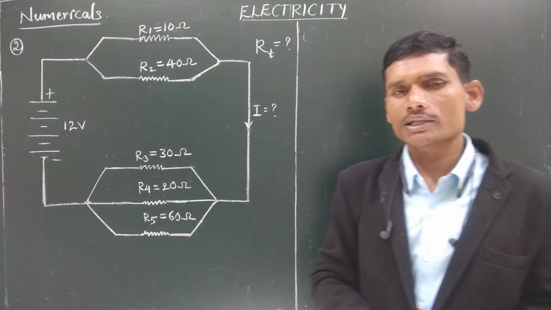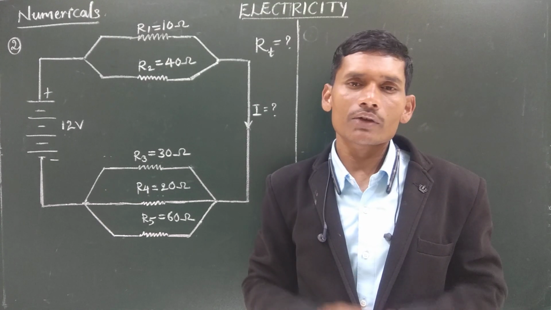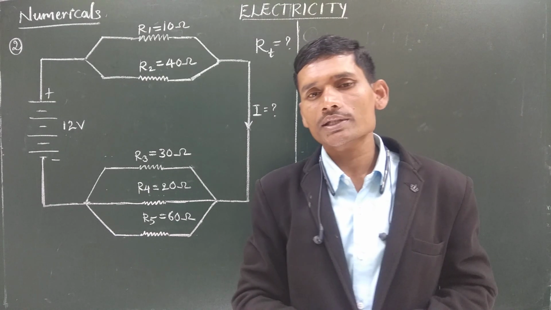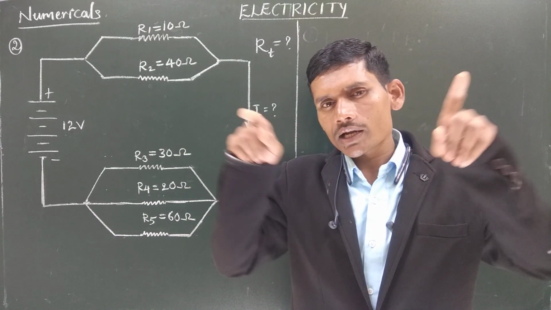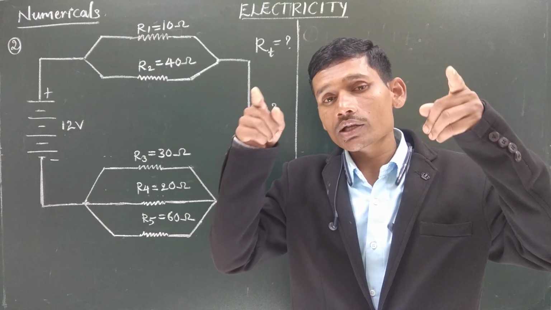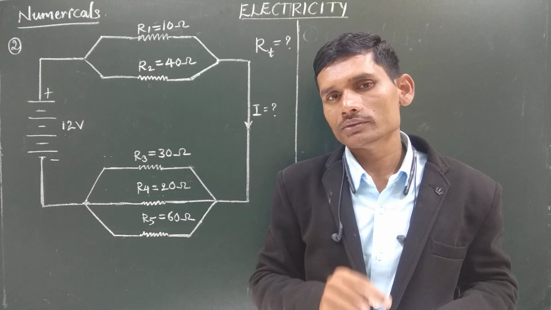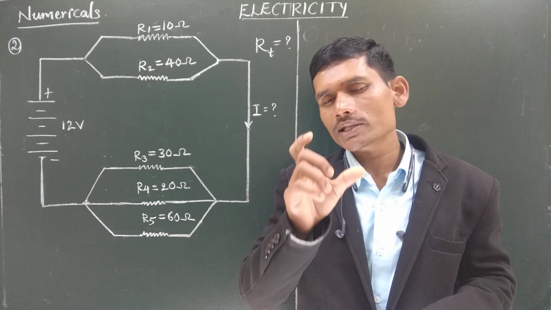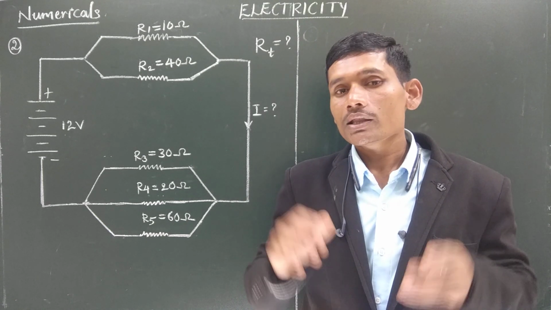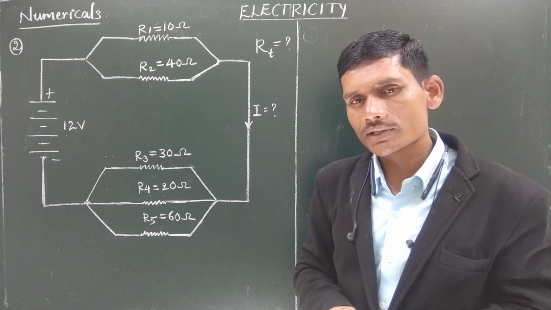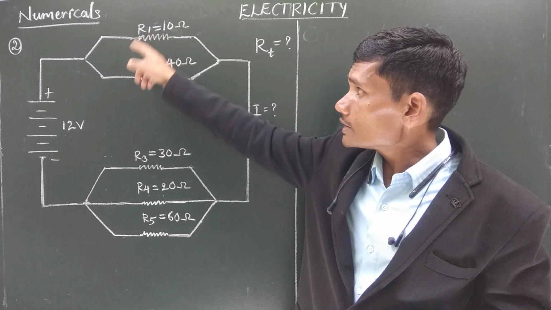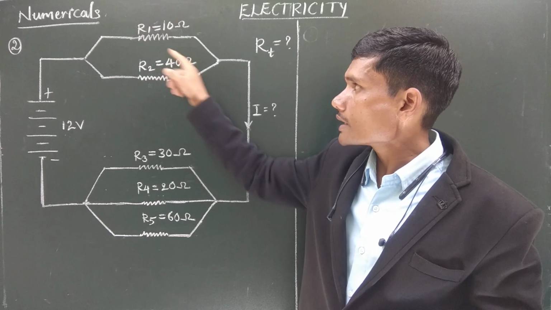We have already studied how resistances in a parallel combination are connected. If the two ends of a resistor are directly connected to the terminals of the battery, then it draws the same potential difference, and we can say it is in parallel connection. But in this case, let us take this combination as an equivalent resistance.